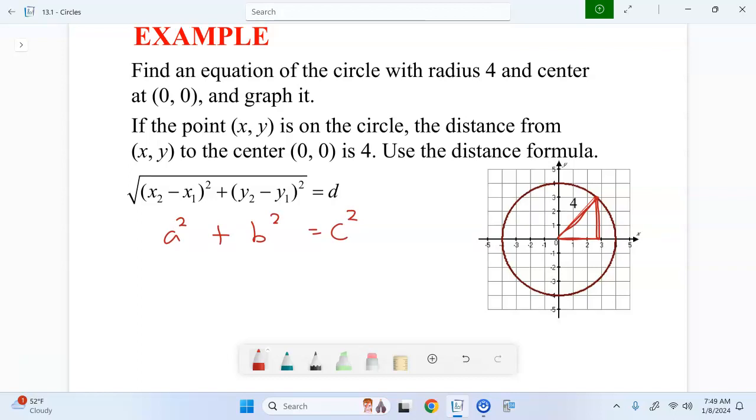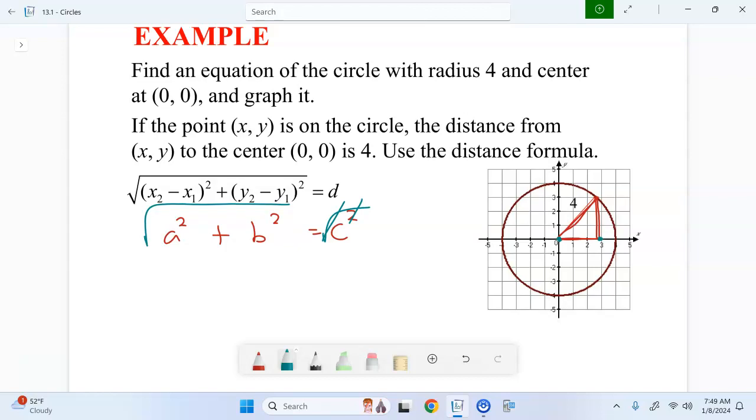The only difference between the Pythagorean theorem and this formula is that instead of having everything squared, we square root both sides so that the distance is already isolated. There's no extra process there. So we have the square root of a squared plus b squared. Where do we get x2 and x1 for a, and y2 and y1 for b? That comes from finding linear distance.